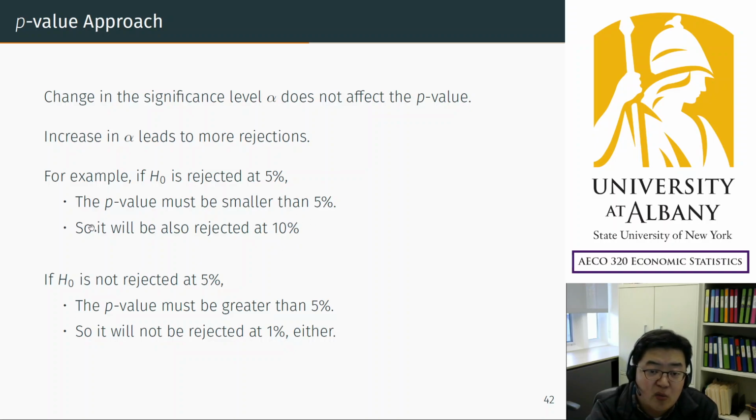So no matter what significance level you choose above 5%, it is always rejected again. A higher significance level will reject more.